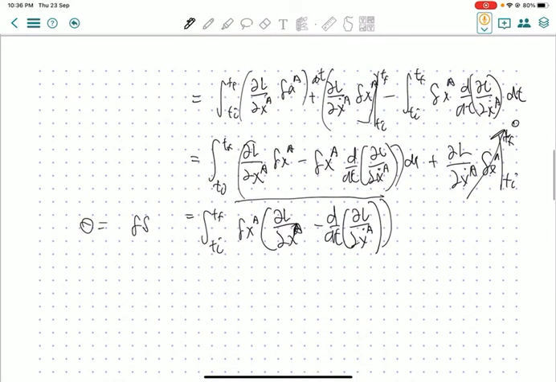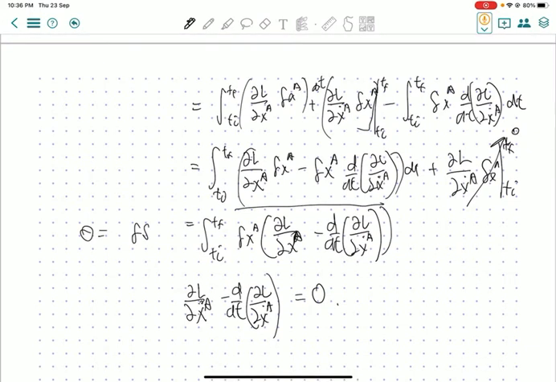And we see that if the extremum is 0, then what we get is that partial L over partial XA minus d on dt, partial L over partial X dot A, equals 0. And this is known as the Euler-Lagrange equations. So we have successfully derived the Euler-Lagrange equation.